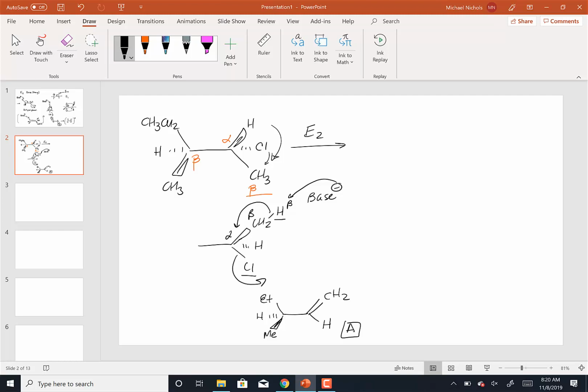So if I rotated my right carbon here so that I have my CH3 group, so I'm going to write another deprotonation so that CH3 is intact. I have my hydrogen here, and then I have my chlorine here.